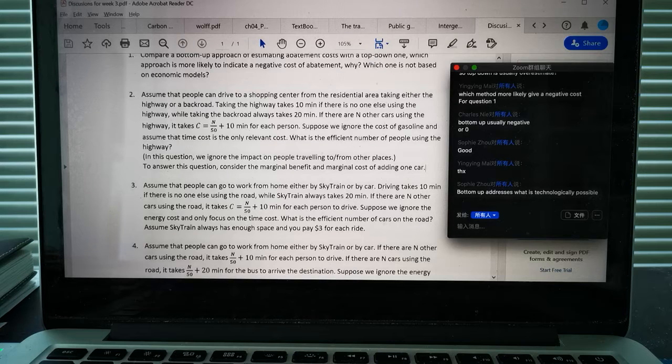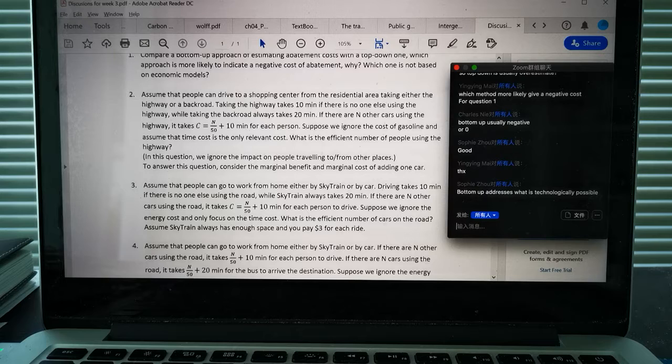So it's not very realistic, but let's just bear with it. And if there are other cars using the highway, then it's going to take this much time for each car to arrive at the destination.